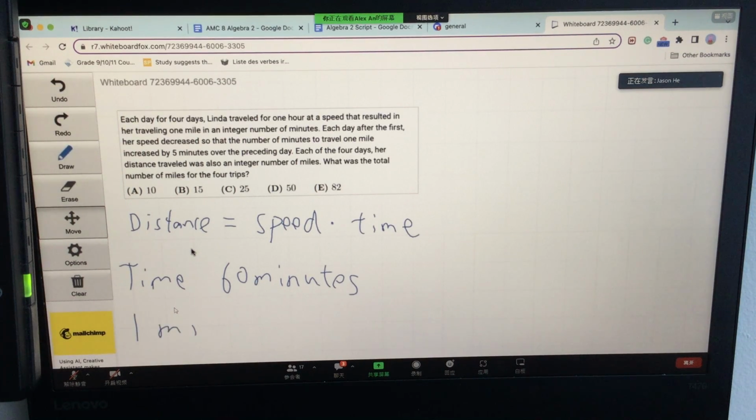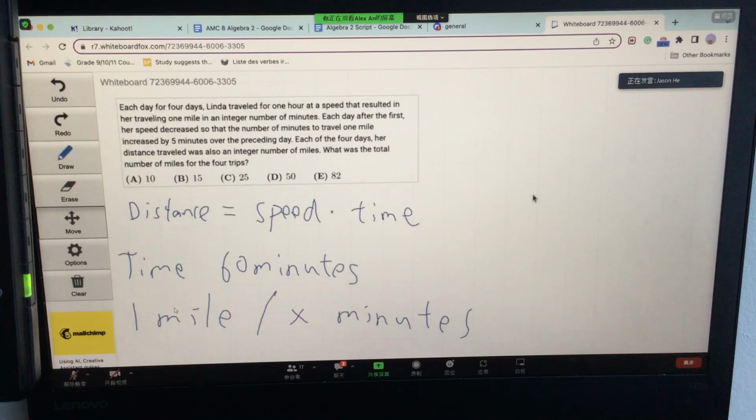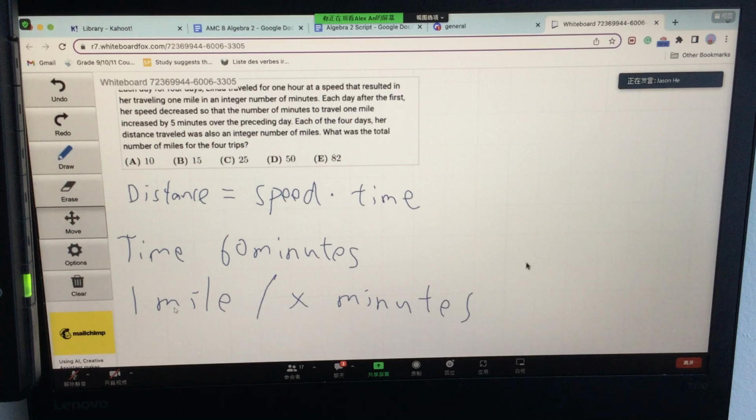One mile per x minutes. And so on the first day, we would get that the distance would be equal to 60 minutes times 1 mile per x minutes. That's the first day.